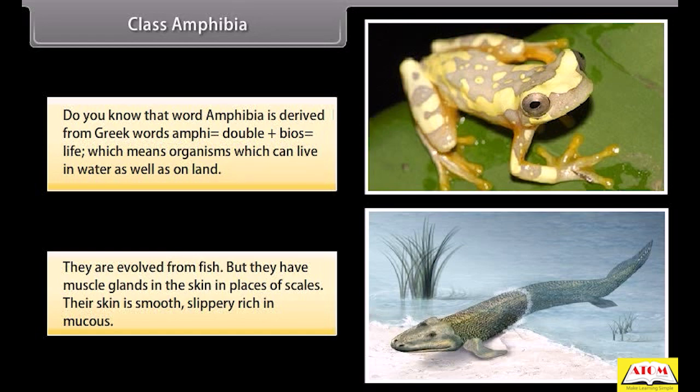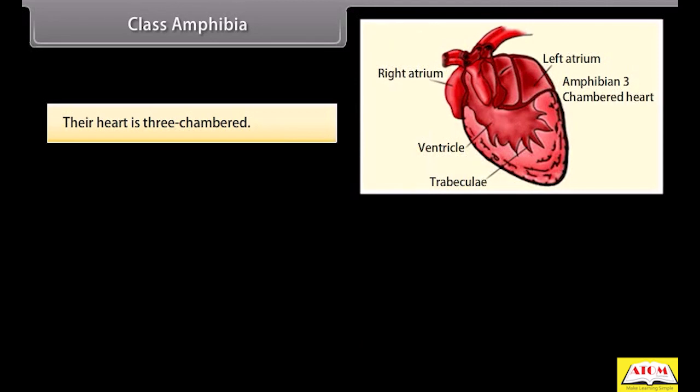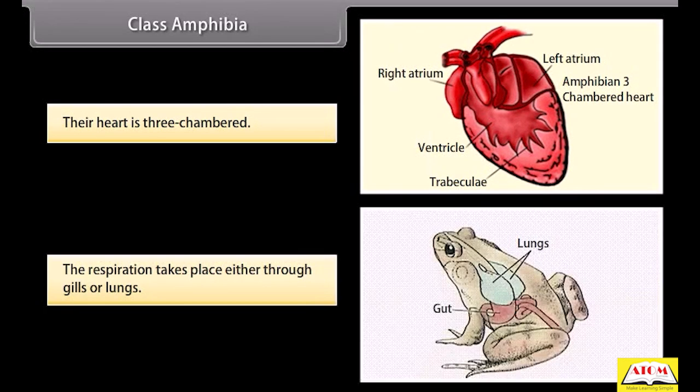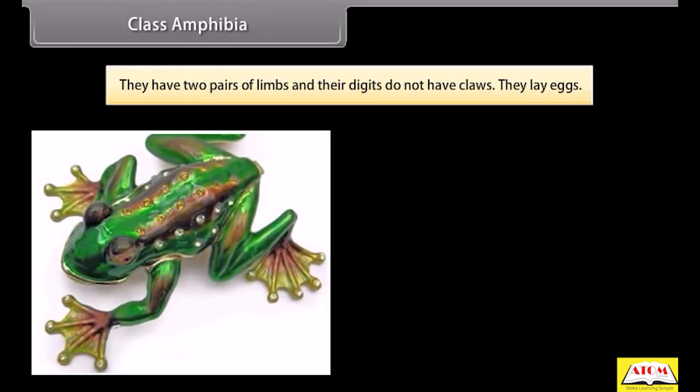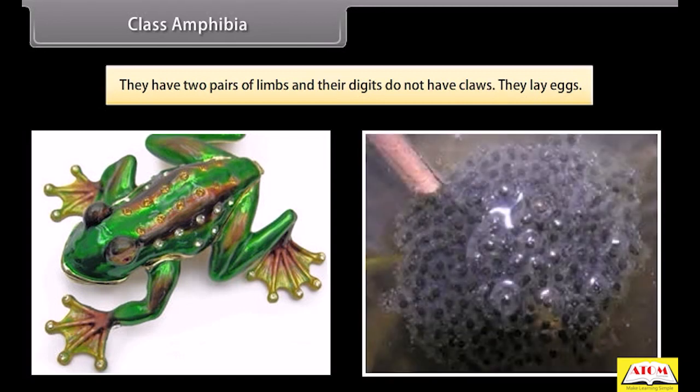Their skin is smooth, slippery, rich in mucus. Their heart is three-chambered. The respiration takes place either through gills or lungs. They have two pairs of limbs, and their digits do not have claws. They lay eggs.